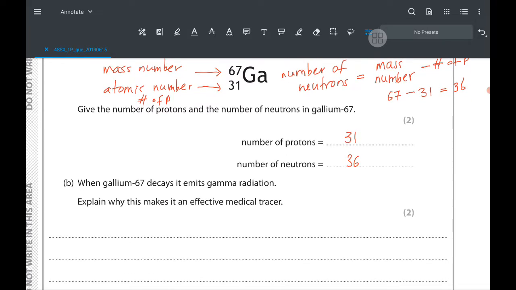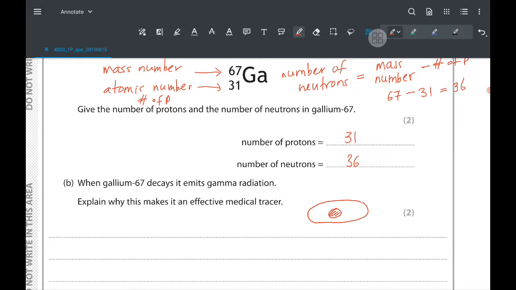Next one, when gallium-67 decays, it emits gamma radiation. Explain why this makes it an effective medical tracer. Now in the question they have also explained what a medical tracer is. Especially to detect cancers, we use medical tracers. Now imagine this is the body and there is some kind of a tumor cell or cancer in this region.